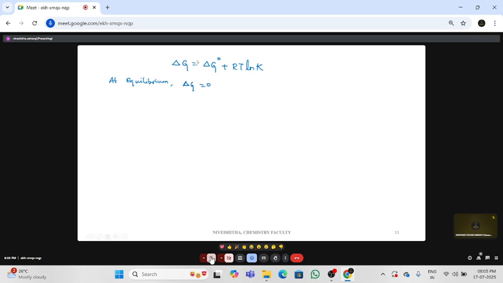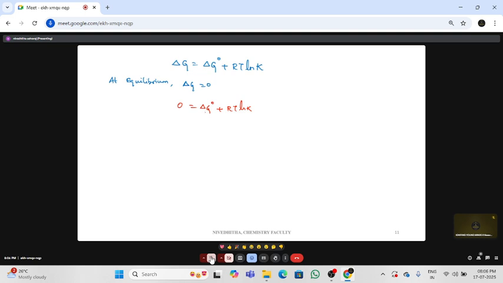So could you please rearrange this equation? If delta G is 0, then 0 is equal to delta G naught plus RT ln K.